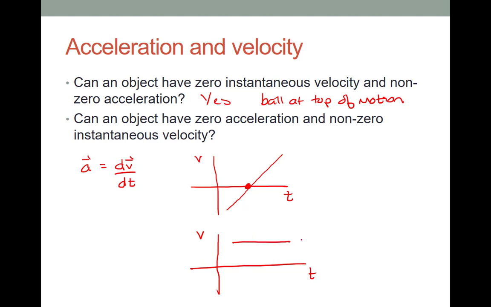So here my acceleration is 0, but my velocity is non-zero. It's some number. Might be positive, might be negative. So the answer here is yes. And the key to it is you need to be moving at a constant velocity. This concludes this part of Unit 2.